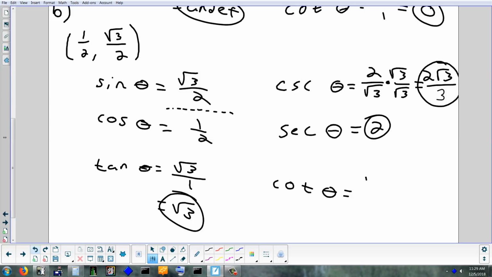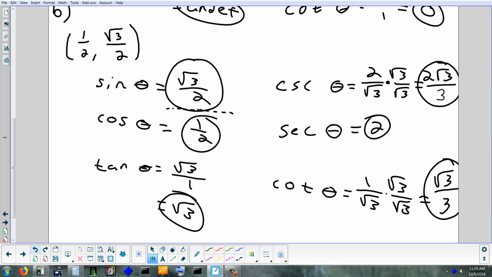Yep, we'll start with that. Now the only problem with it is we got the root in the bottom, so how do I fix it again? Multiply by the square root of 3. And what would that give me for the final answer? 1 square root of 3, or you could just say square root of 3 over 3.